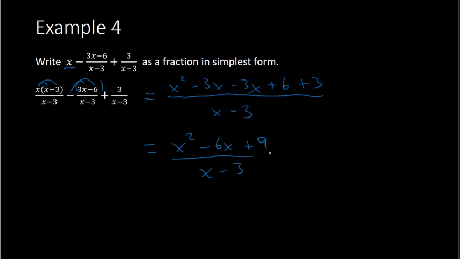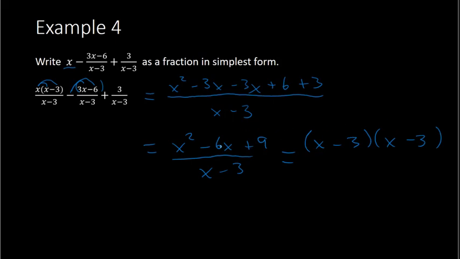Now we're not quite finished yet, because that numerator can actually factor. So if you forget how to factor, maybe review back with the previous videos. But if you factor this correctly, you're going to get x and x to get x squared. To get 9, if we do negative 3 times negative 3, that would multiply to get positive 9.